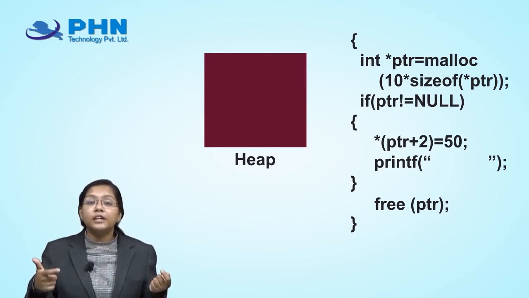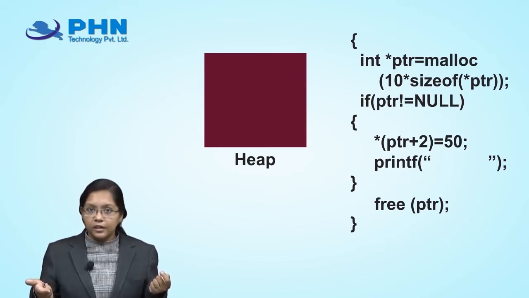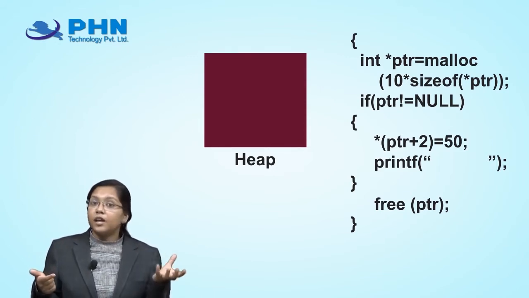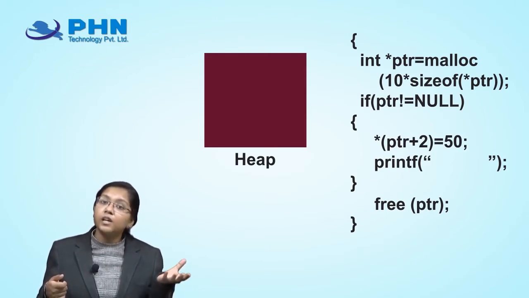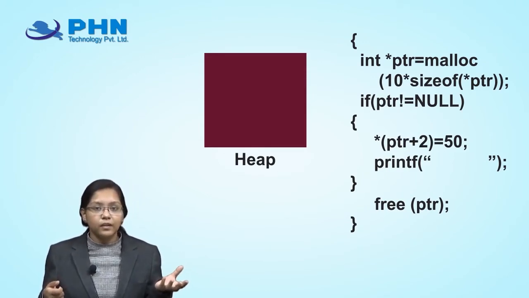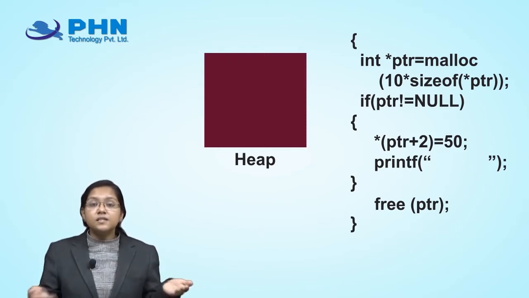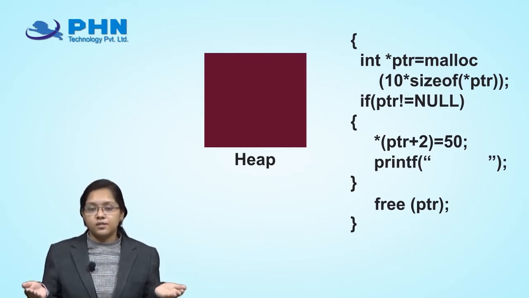It is used to delete the memory, to avoid the system crash. Because in the heap, once you store the memory, it will stay there forever. This is how your free function works.